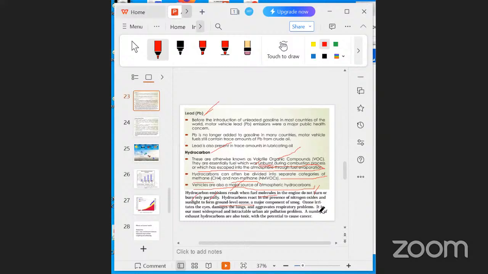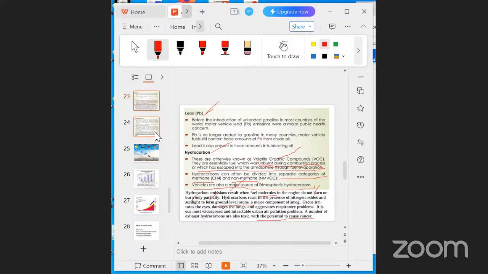The ozone irritates the eyes, damages the lungs, and aggravates respiratory problems. It is our most widespread and intractable urban air pollution problem. A number of exhaust hydrocarbons are also toxic, with the potential to cause cancer.